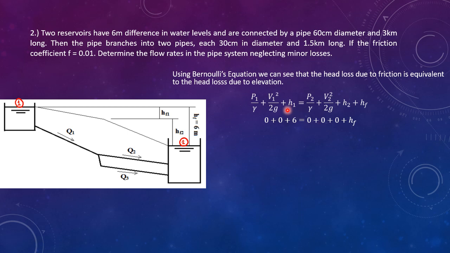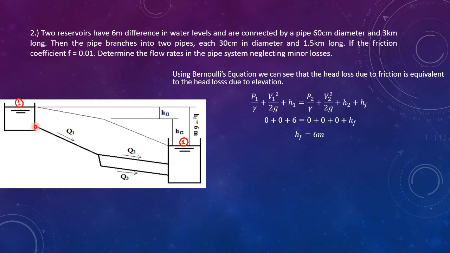For the elevation of point 1 with respect to point 2, that is equal to 6 meters. And for the elevation of point 2 with respect to point 2 is of course equal to 0. And now we can solve for HF. HF is equal to 6 meters.